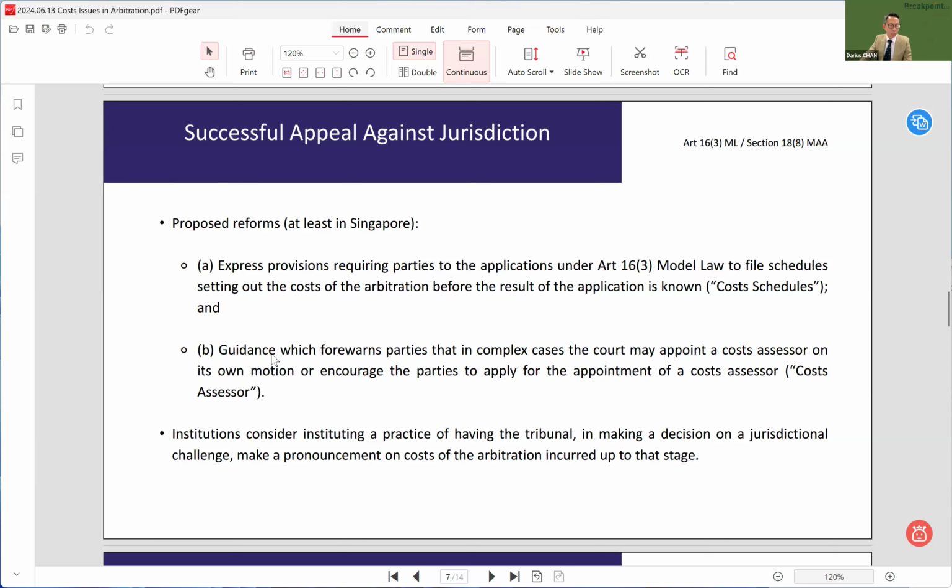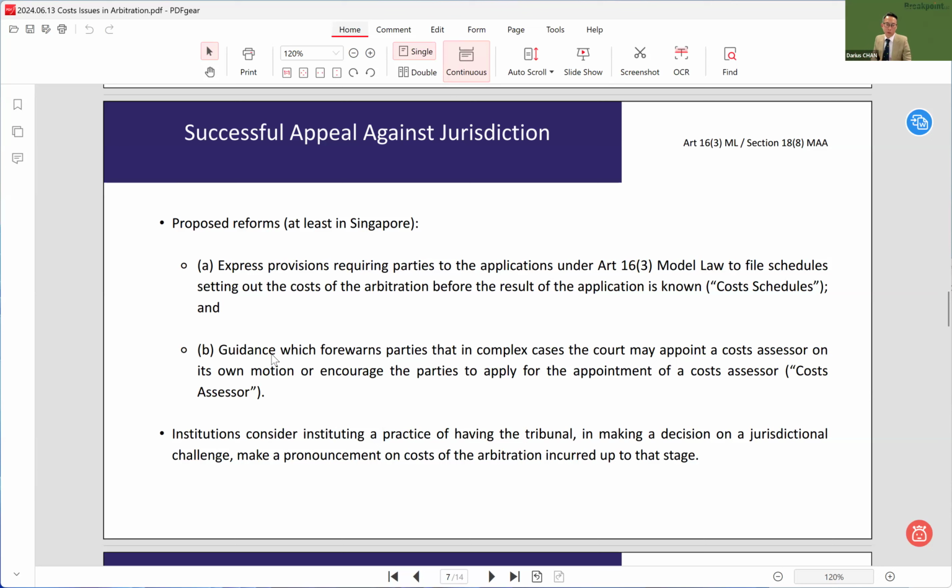Another reform that's been suggested is that we would tell parties in advance that the court may appoint a cost assessor, an independent cost assessor who would be more well-versed with the traditions of the parties concerned, and who may be able to assess the cost better than the judge.